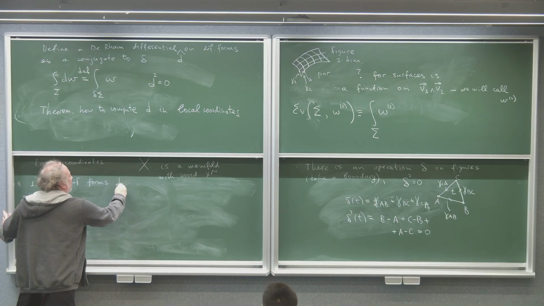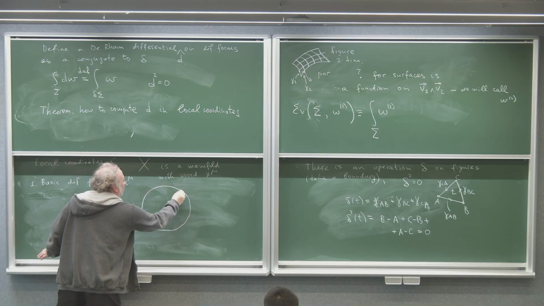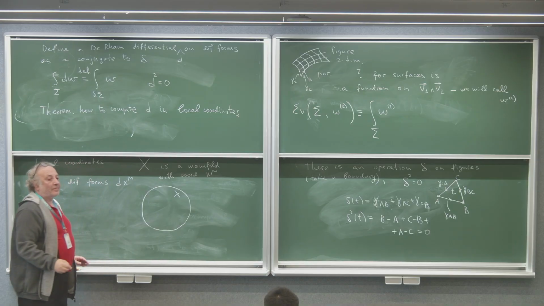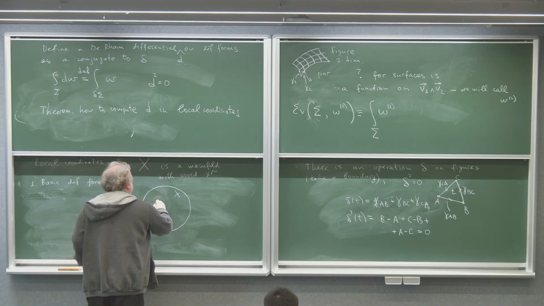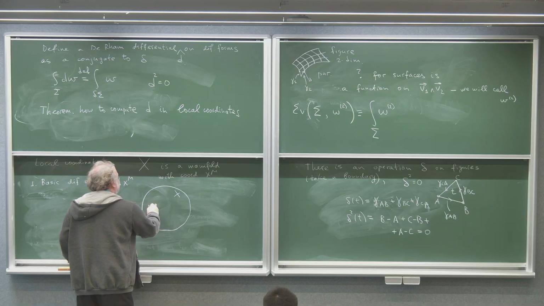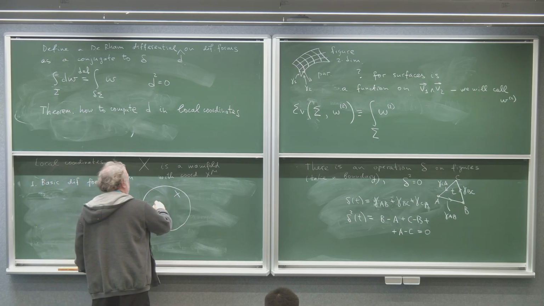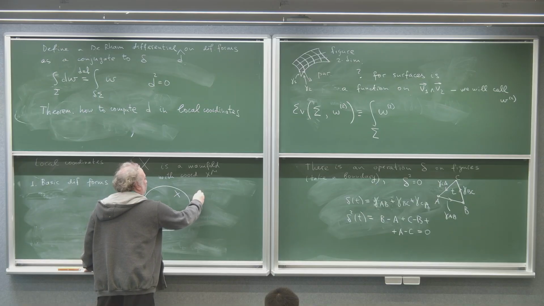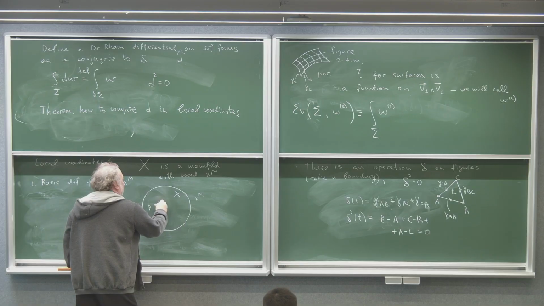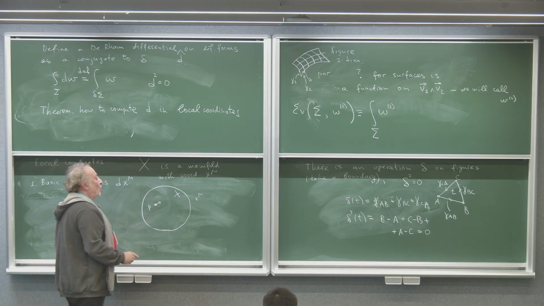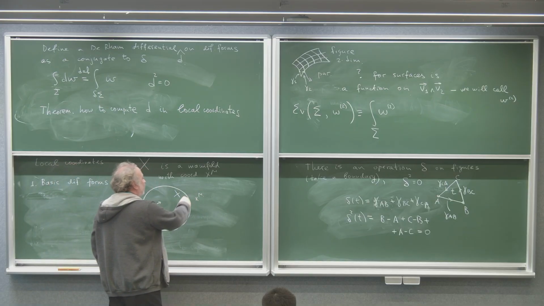Okay. Let me draw this manifold. So here I am drawing because it's a geometry. Let me take a point P. Let me take a coordinate x mu. And let me do a shift of point P in coordinate x mu.